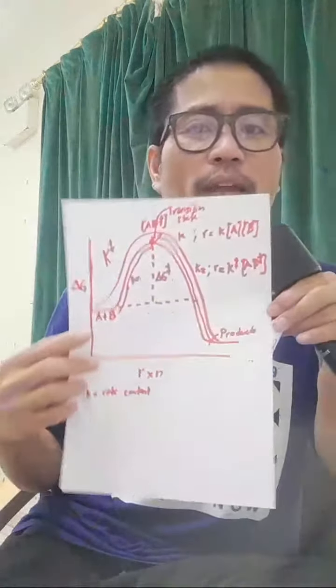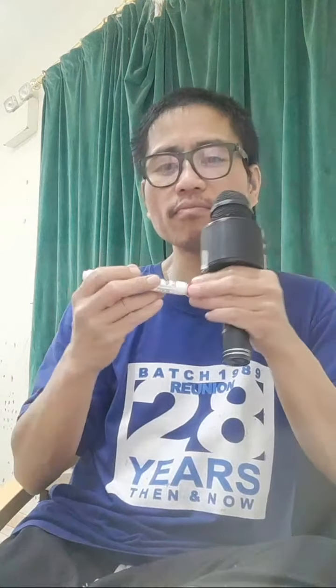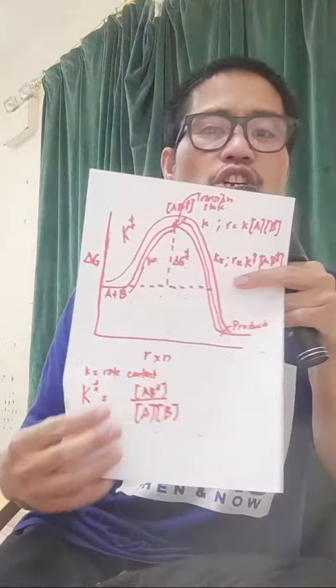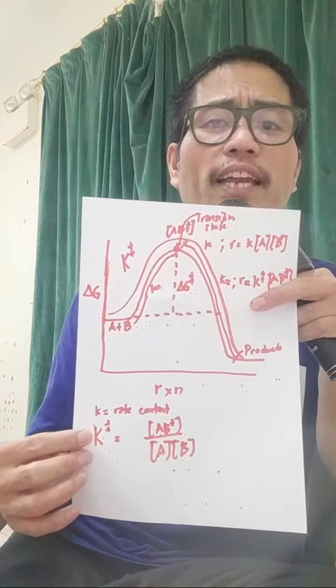But this time, our rate constant starting from A, B to the transition state will now be equal to big K double integer, which is equal to the concentration of the products, which is AB double integer, over the concentration of A and B, which is the equilibrium constant supposedly in chemistry lecture. Okay, capital K double integer, which has a reversible chemical reaction.